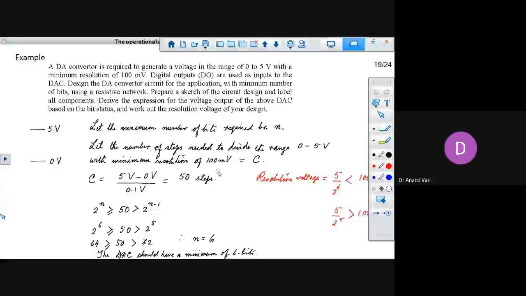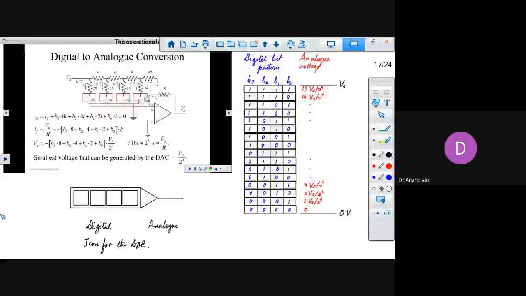If we are to produce a sketch for this, of course, I will leave that as an exercise for you. Can you tell me how many steps will be there in your digital to analog converter ladder? You see, you have 1, 2, 3, 4 steps here. In the example which we have taken, you will require 6 steps and you will require 6 bits.